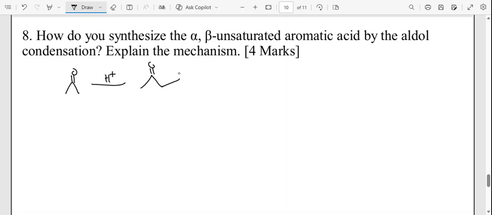I'll explain the mechanism. Then we heat a bit to do an aldol to change this conjugation, and what we're going to have finally is this compound.